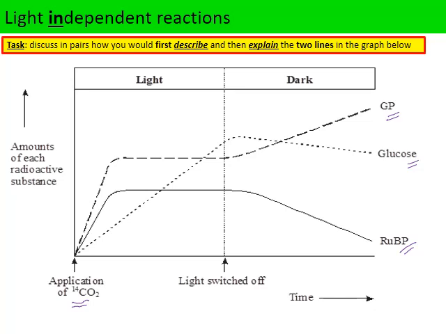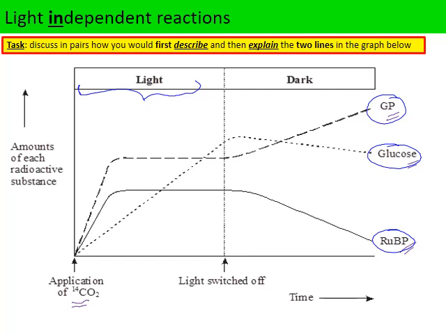So G3P at the top, glucose, and ribulose bisphosphate will all ultimately have radioactive carbon in them from the radioactive carbon dioxide.